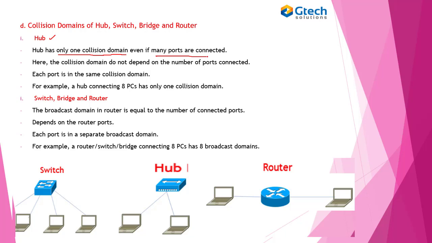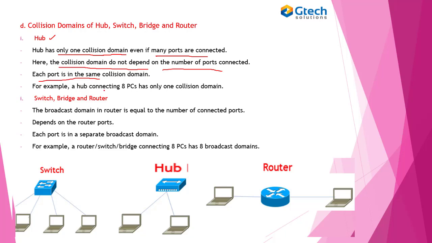Here the collision domain does not depend on the number of ports connected. That's what I've just said. Even if you have 20 devices, the collision domain in a hub will be 1. Each port is in the same collision domain, even if there are 20, they are all in just the same collision domain.